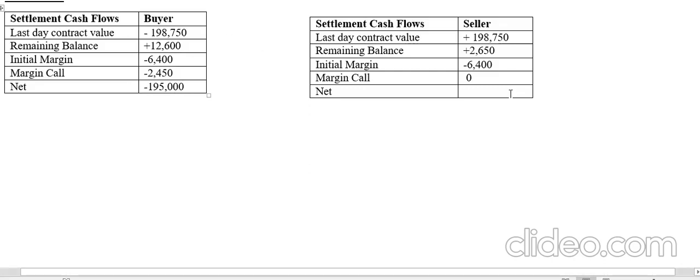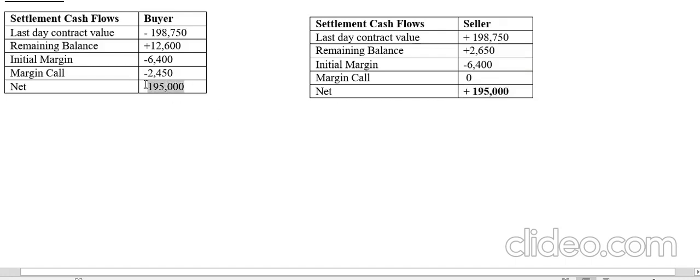And for the seller, plus 1,98,750 plus 2,650 minus 6,400, and with a zero, there is a cash inflow of $1,95,000 for the seller.